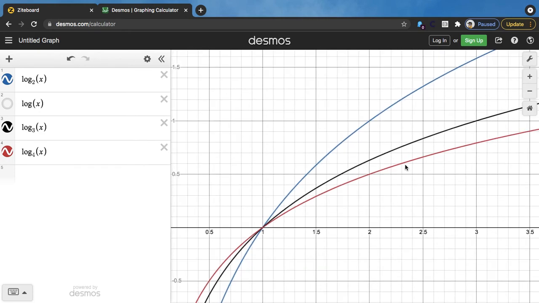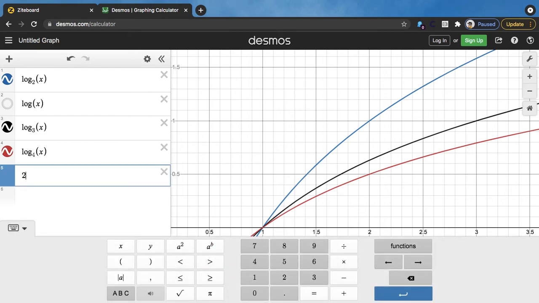So as the base is increasing, 2 is the blue one, 3 is the black one, and red is the base 4. As the base increases, the graph is coming closer and closer to the x-axis. Do you remember what happened on the exponent?